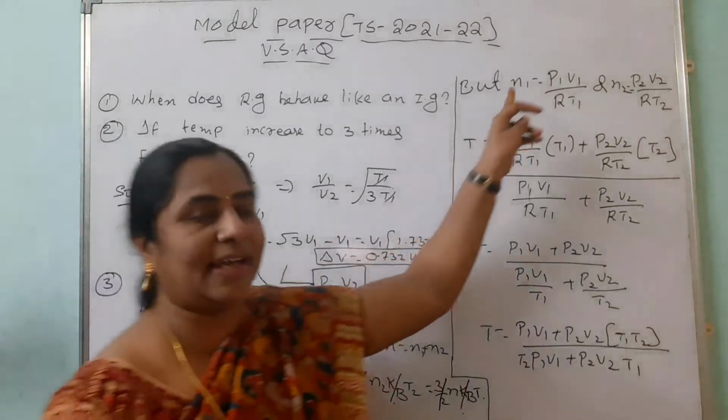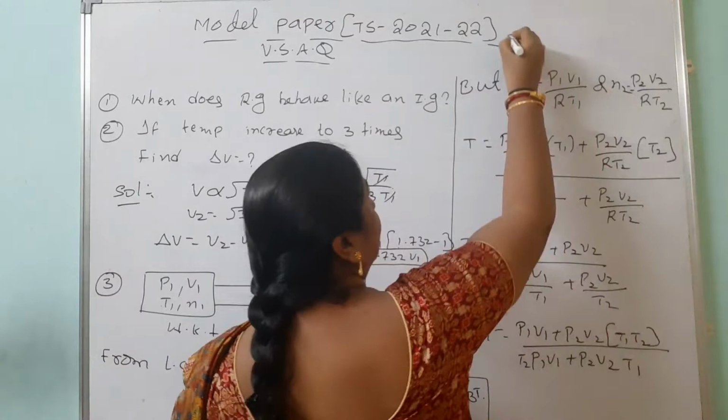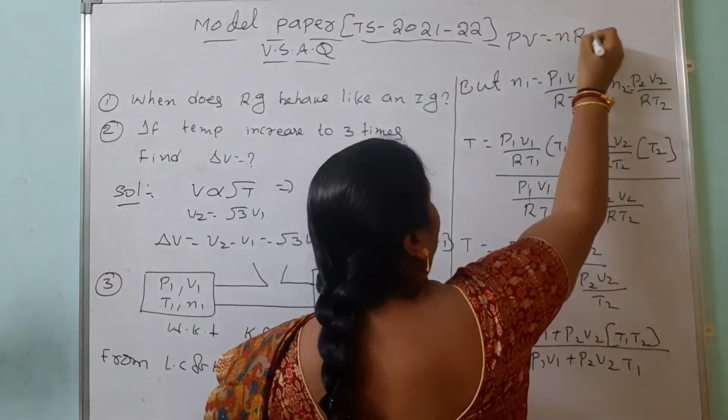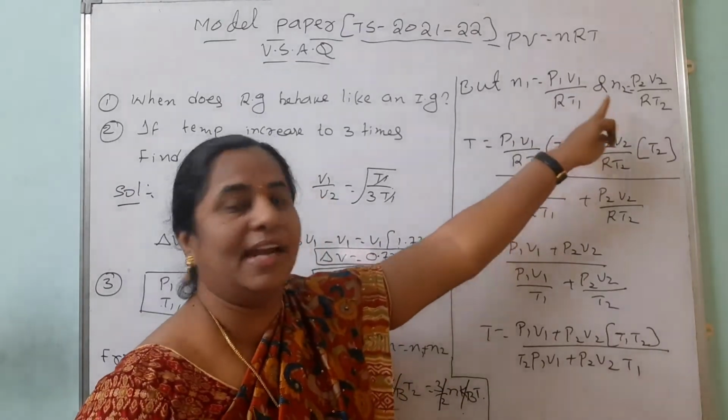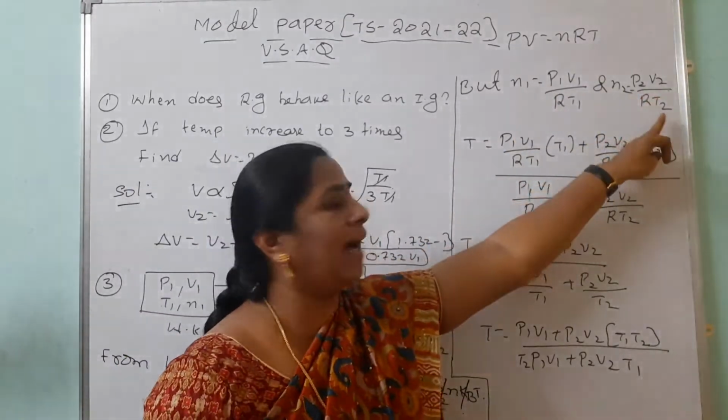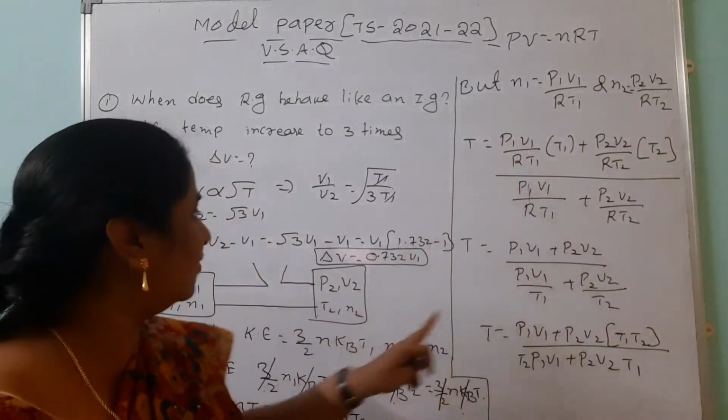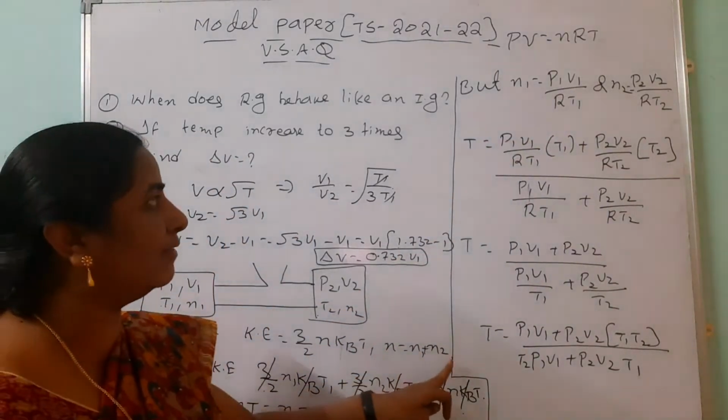Then from the ideal gas equation, PV equals nRT, so N1 equals P1V1 by RT1 and N2 equals P2V2 by RT2. Then the total number of molecules is N equals N1 plus N2.